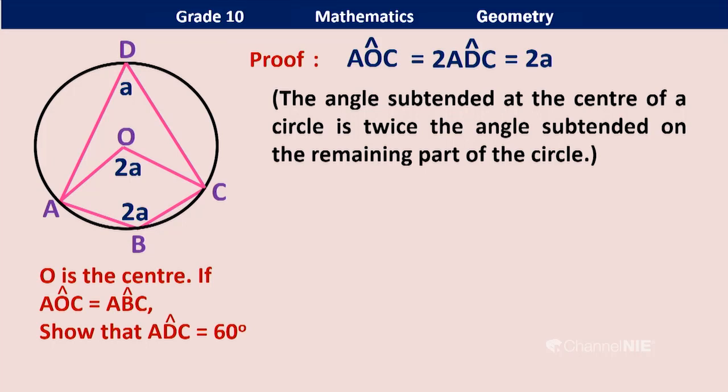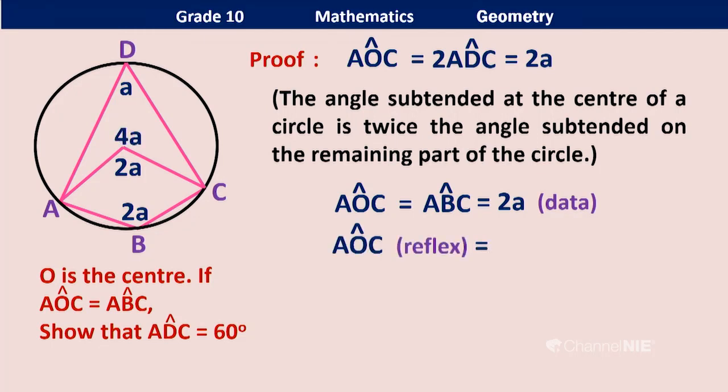So, we can write it: angle AOC is equal to angle ABC, that is equal to 2A. The reason is data, or else you can write it as given. Now, we have got two relationships. Both relationships are equal to 2A.